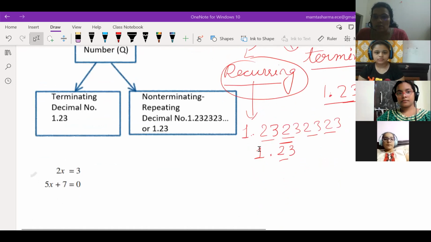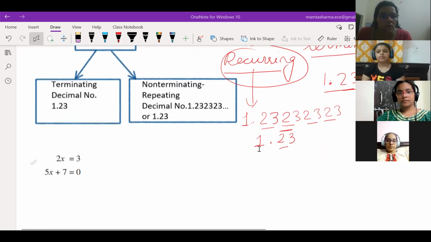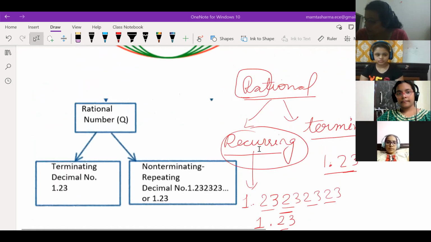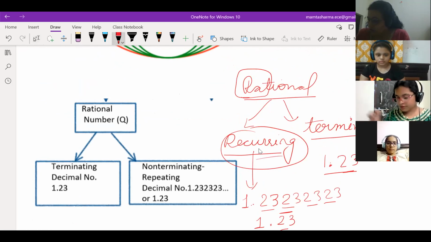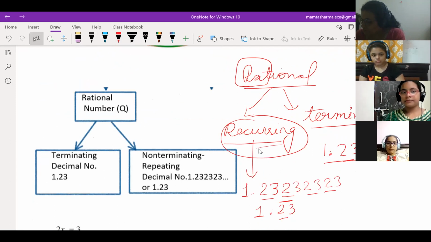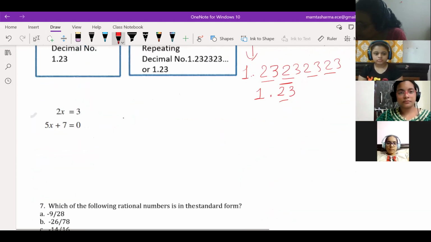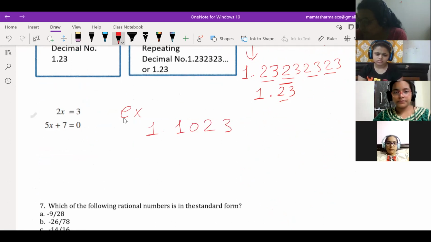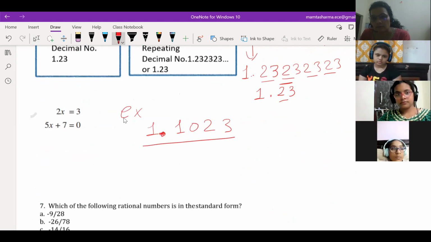So now these are two types, recurring and terminating type. Now we'll take one example. Suppose children, if I am taking 1.1023, it is of which kind of rational number?